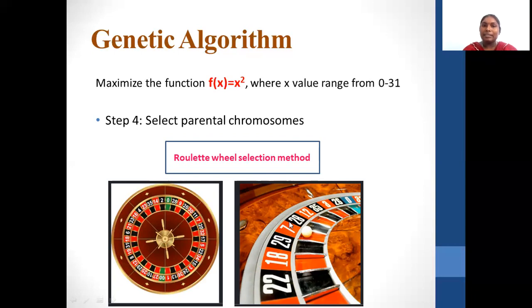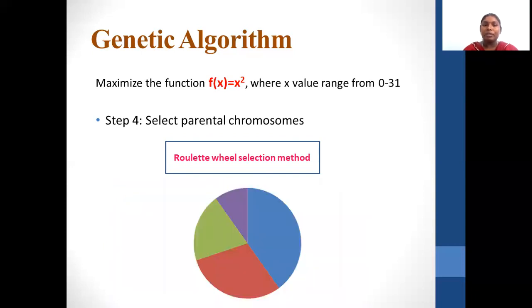Similarly, here I have 4 chromosomes, and based on the fitness function, the circle is formed. We use a probability function to calculate the number of times a string may be chosen. That is called the Roulette-Wheel selection method.